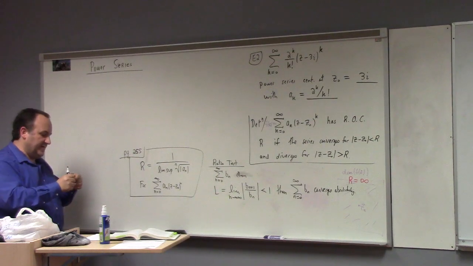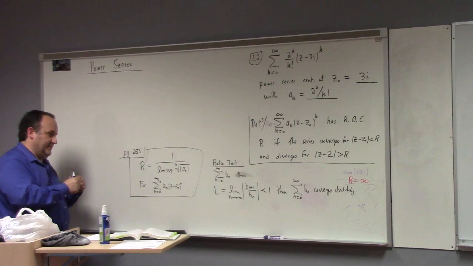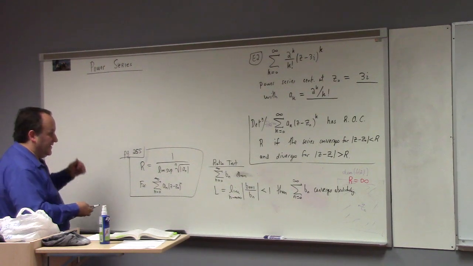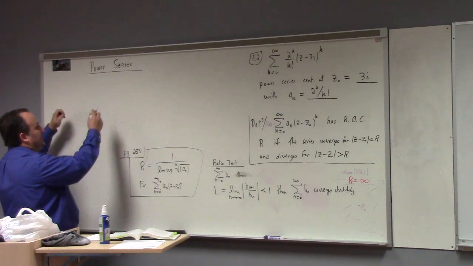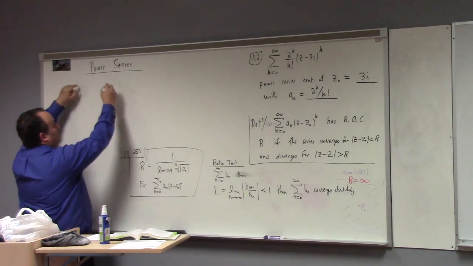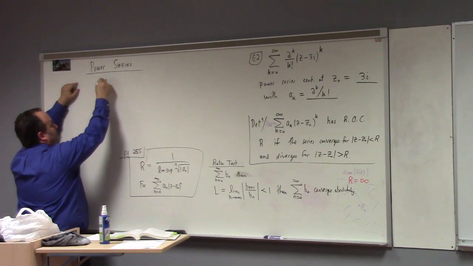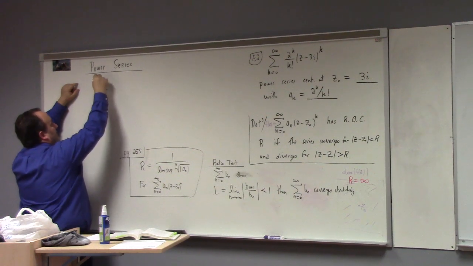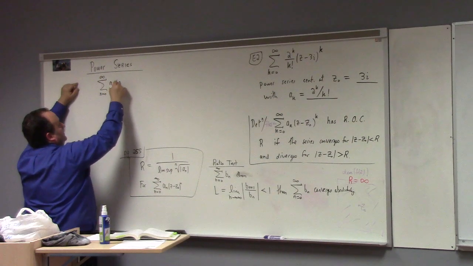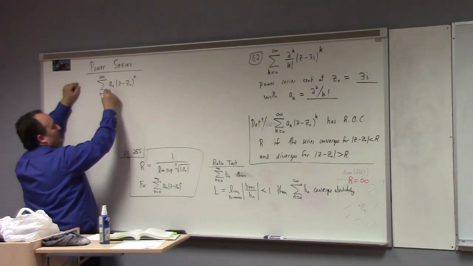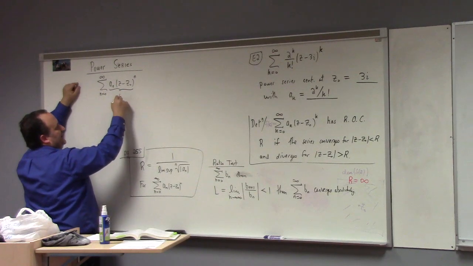The proof is essentially the same, all right? And as with most things, the proof rests on the geometric series. Go figure. But if we apply the ratio test to a power series, let's suppose we have the sum n equals 0 to infinity of a n times z minus z naught to the power n, right? So that makes this whole business right here my quote-unquote b n.